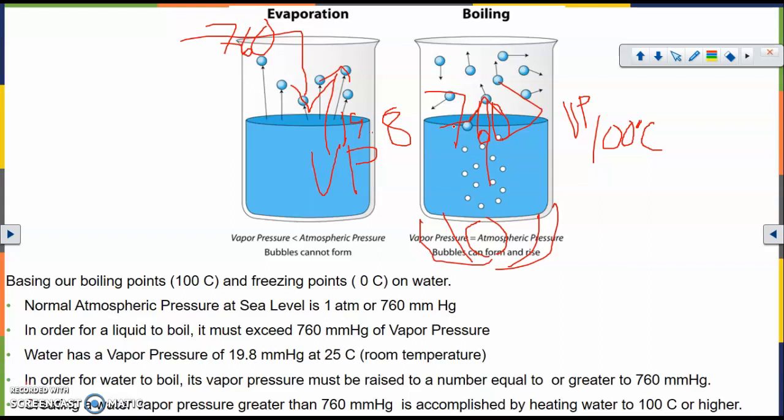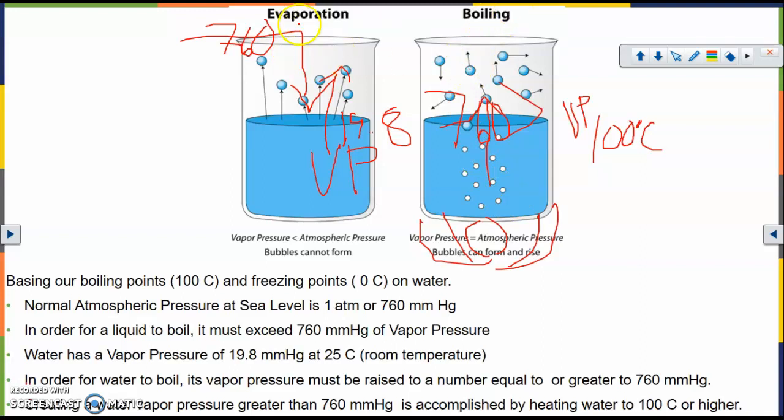At very low temperatures, and even at room temperature, the atmospheric pressure pushing down has enough power. However, if you heat up the solution, the vapor pressure is going to become stronger than the atmospheric pressure, and at that point the particles can escape into the gas phase.